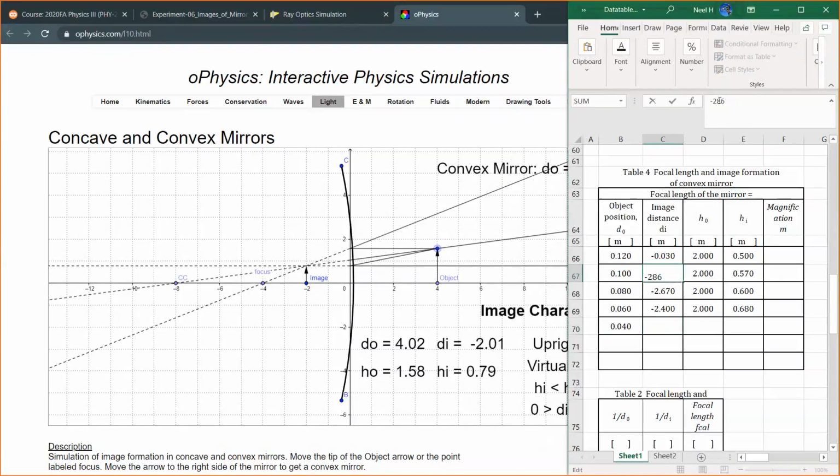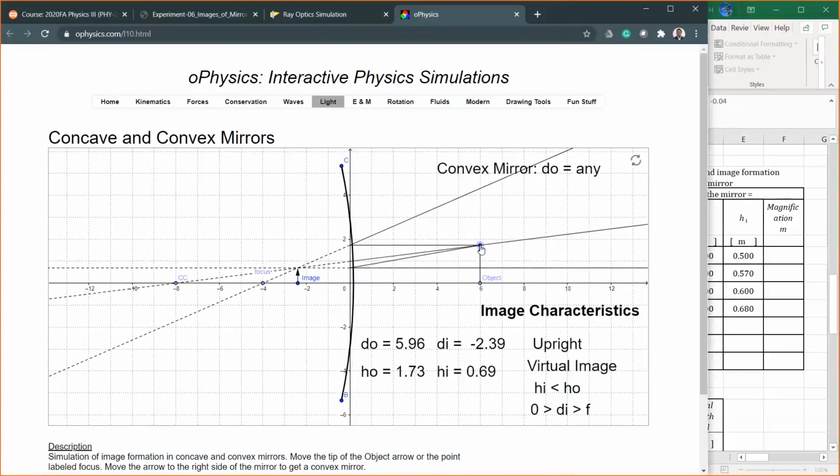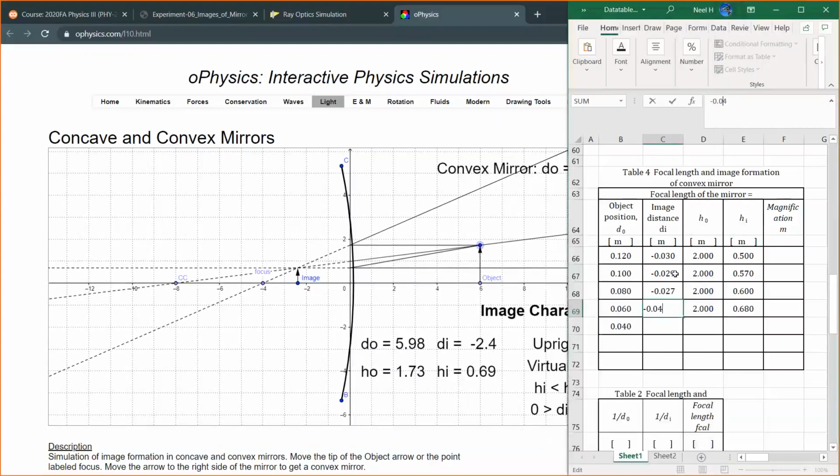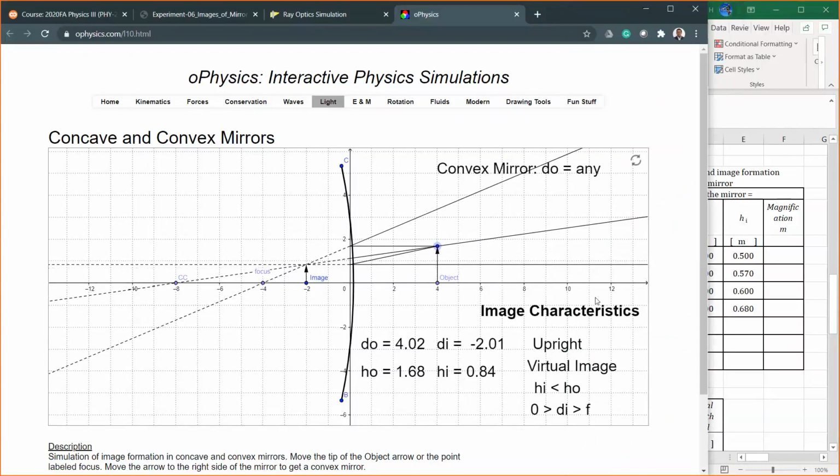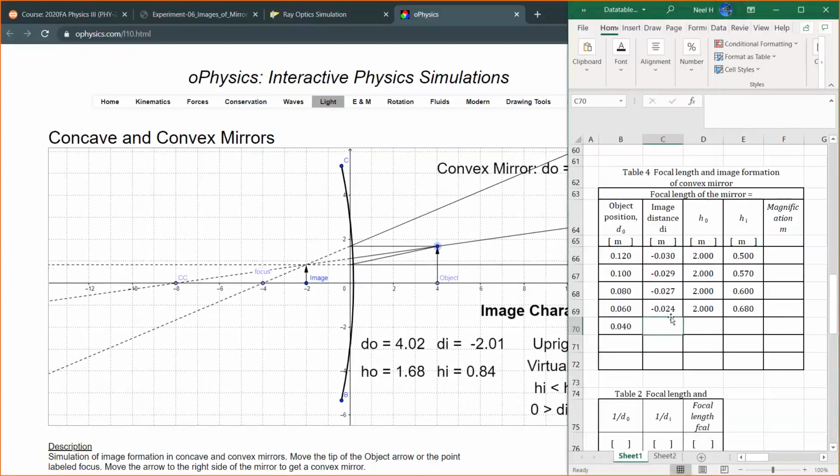All of these should be 0.02, 0.029, 0.027. Let me go back to the previous one for a quick check, 0.06, 0.024. The new location is about negative 2.01, which means negative 0.0201.